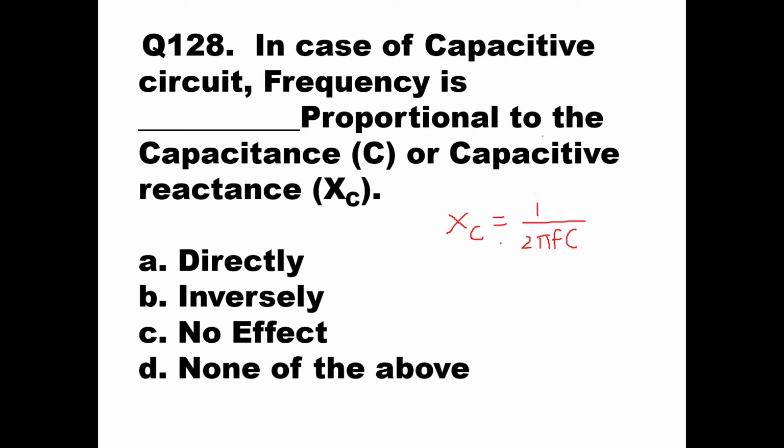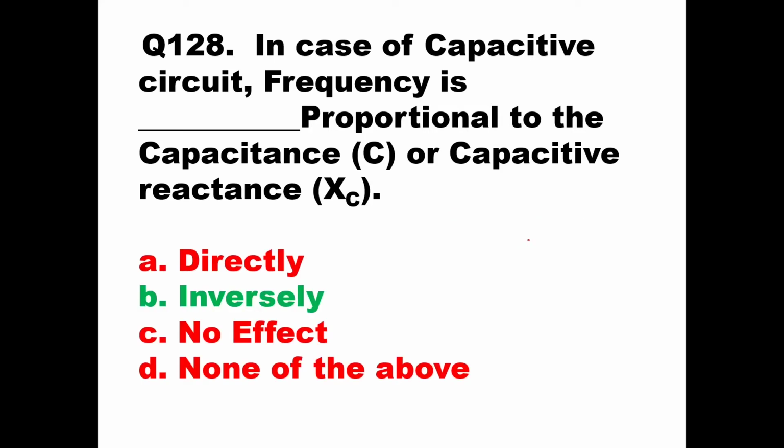Here the frequency is inversely proportional to capacitive reactance, because if frequency increases, capacitive reactance decreases, and if frequency decreases, capacitive reactance increases. So the relation between capacitive reactance and frequency is inverse. So option B, inversely, will be the right answer.